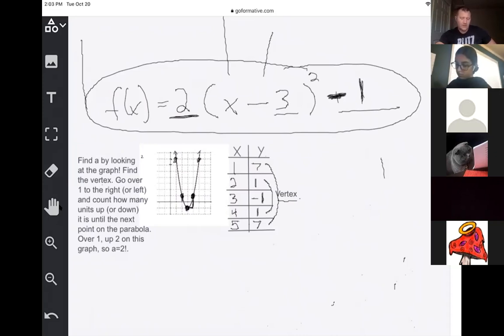Okay. Great question. This is the vertex, right? Right here? Okay. With it being like +3, okay?